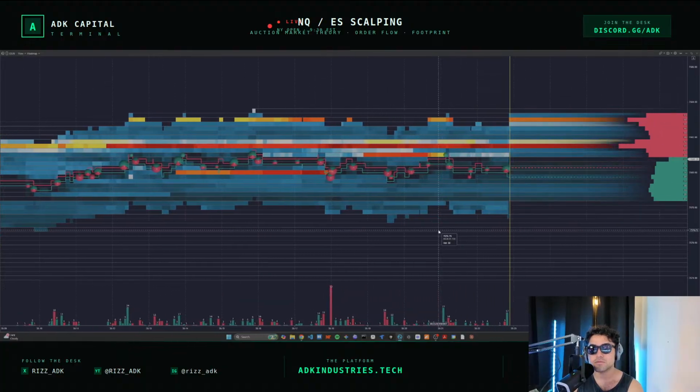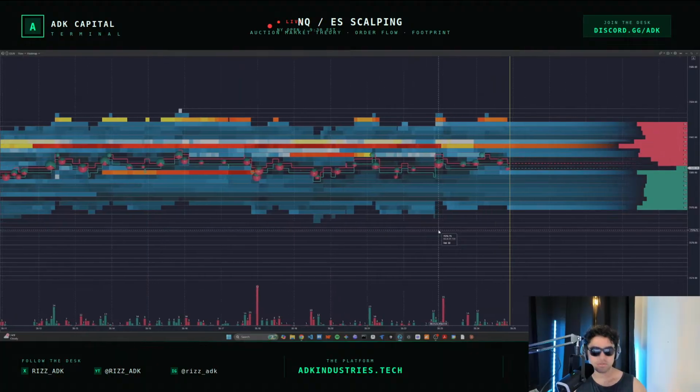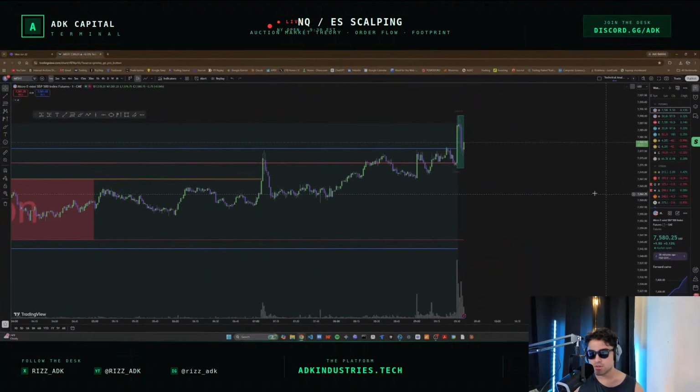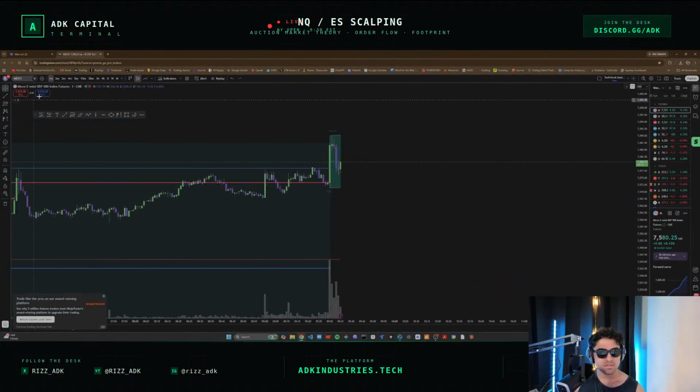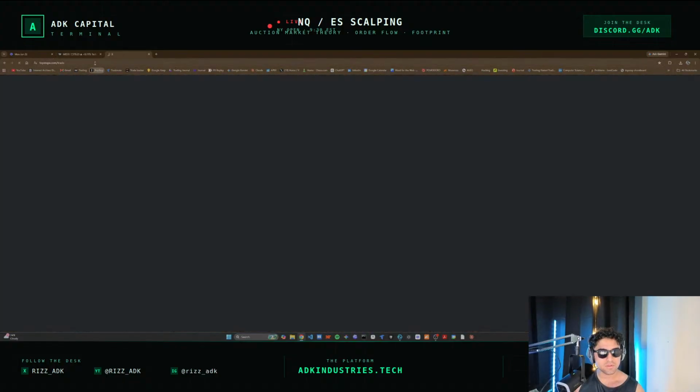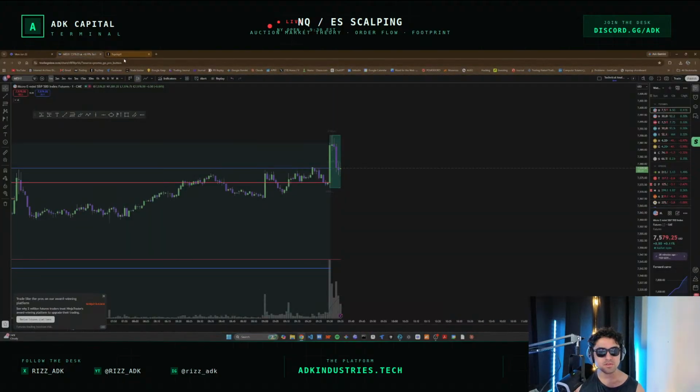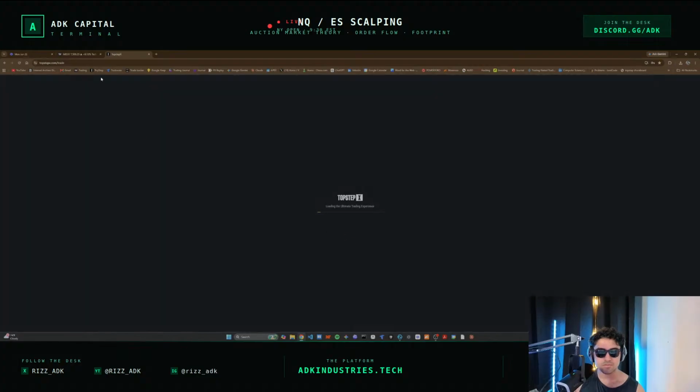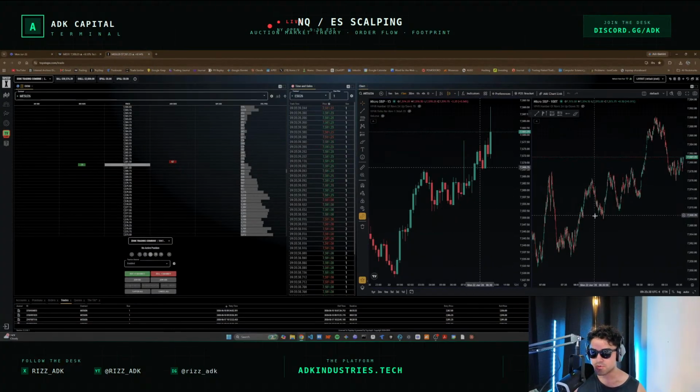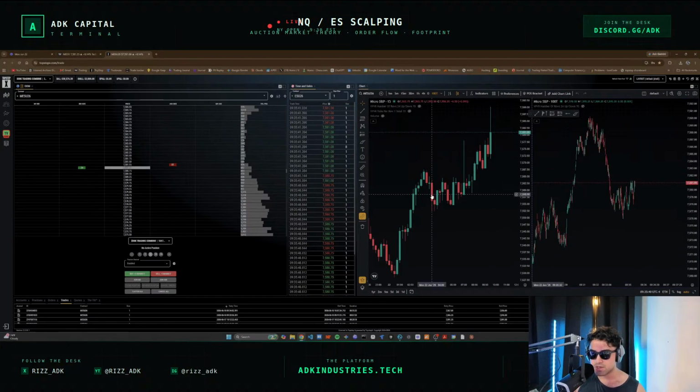So we tapped into those buyers, saw some kind of absorption. This is exactly what we want to see. If after we close this candle green, then we could probably take a long. So this is the exact setup we're trying to find right now.